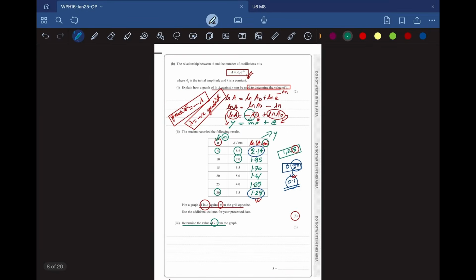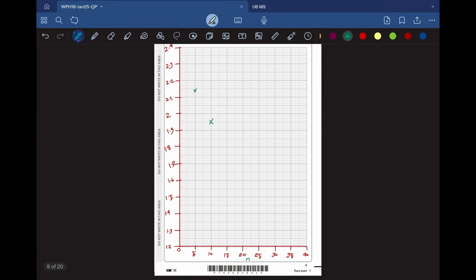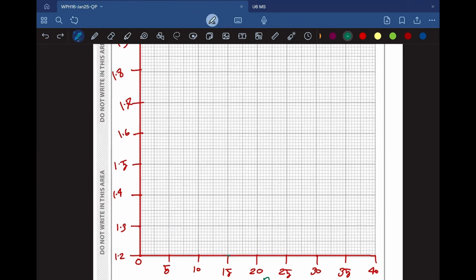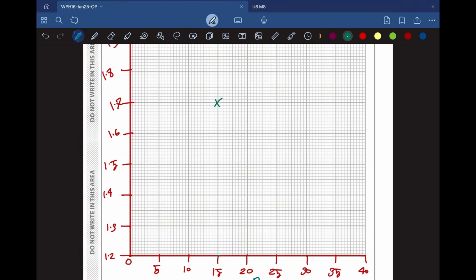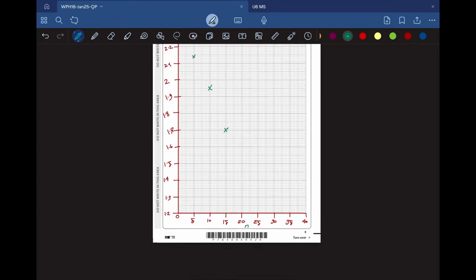And the next point is 15 and 1.7. So 15 is this and 1.7 is going to be exactly right here. Let's draw it more accurately. 15 and 1.7. Oh, this is not correct as well. Oh no, this is my 15 and 1.7.